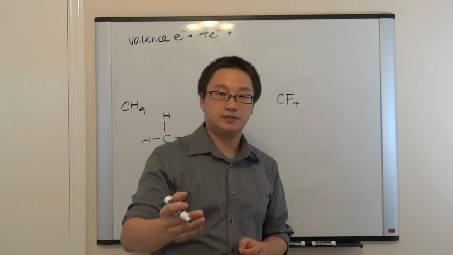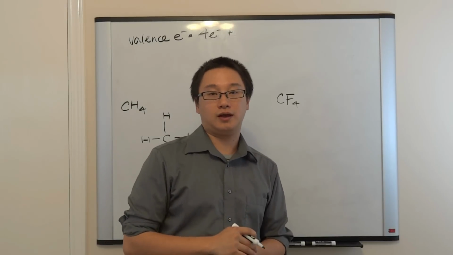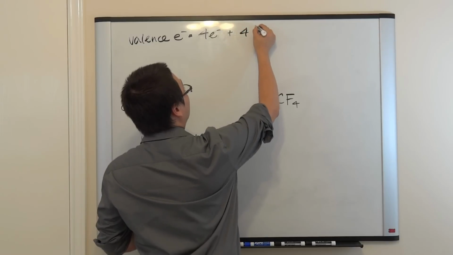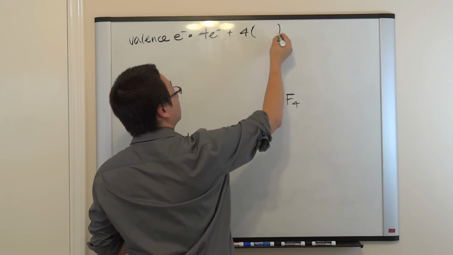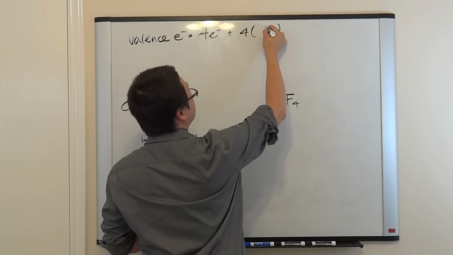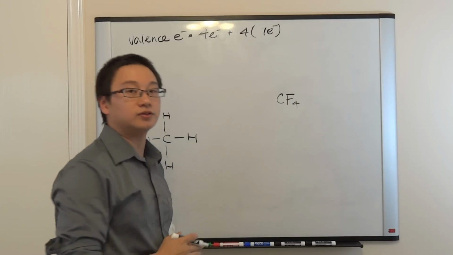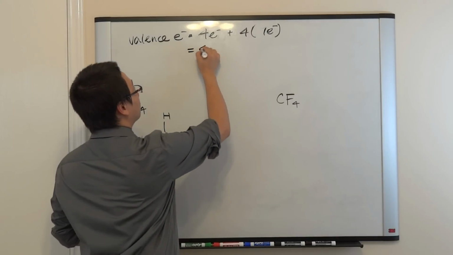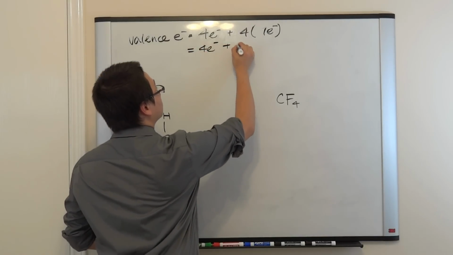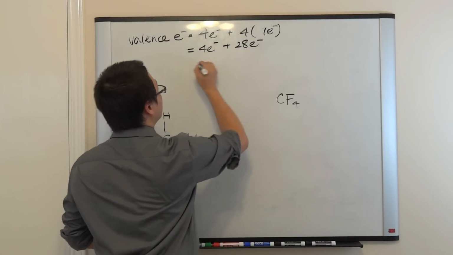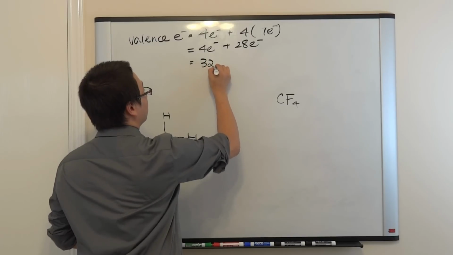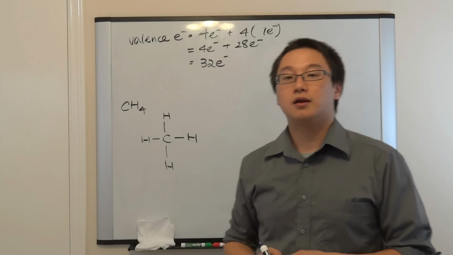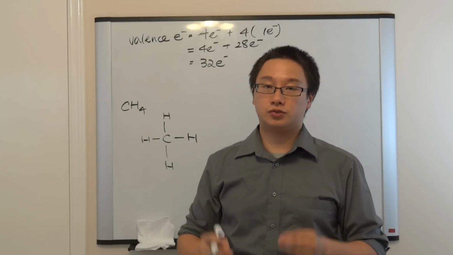So if we take 17 minus 10, then we have 7 valence electrons. So we have 4 of the fluorine, and each fluorine atom has 7 valence electrons. Now we do the math. 4 electrons plus 28 electrons will give you a total of 32 electrons. So in this case, we have 32 electrons to draw.